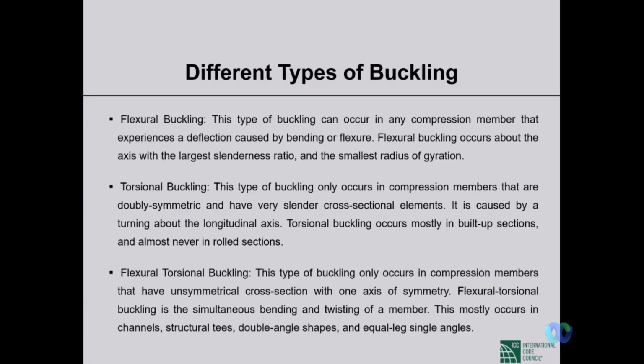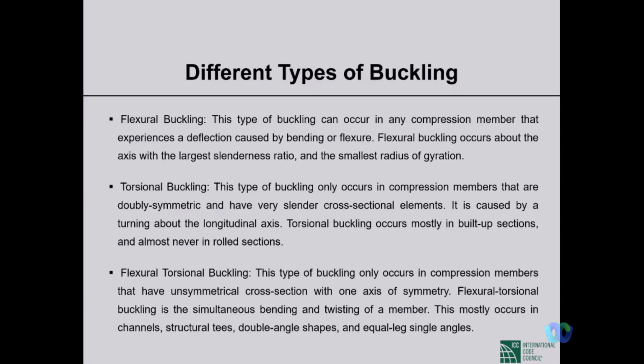Let's read a little bit. Flexural buckling. This type of buckling can occur in any compression member that experiences a deflection, right? You don't have to apply moment for this. For compression, when it buckles, it introduces flexural moment and flexural stresses.